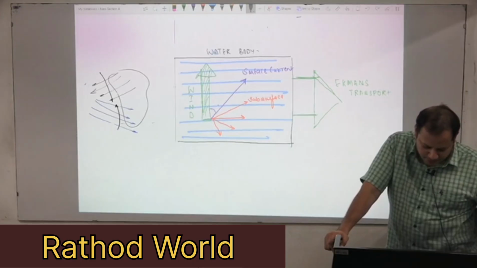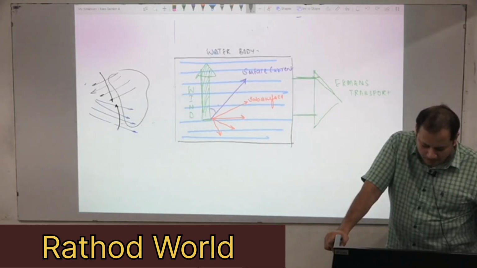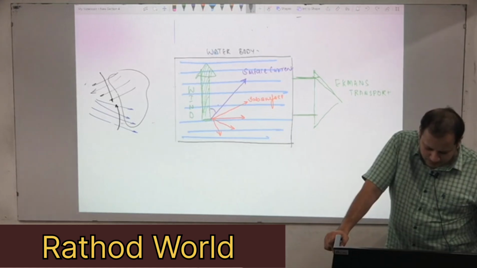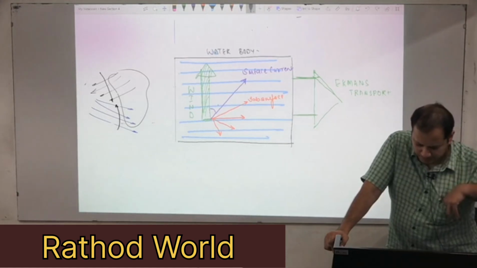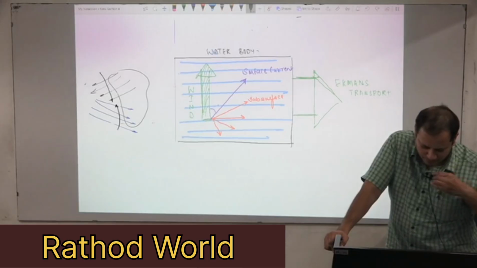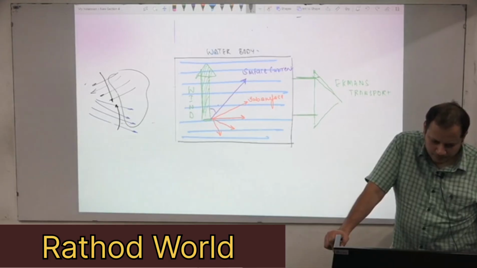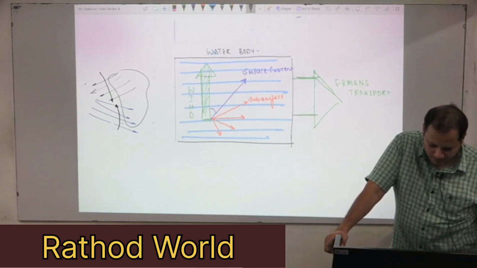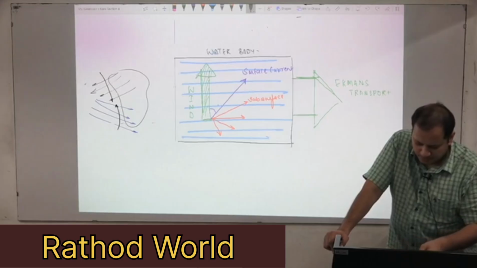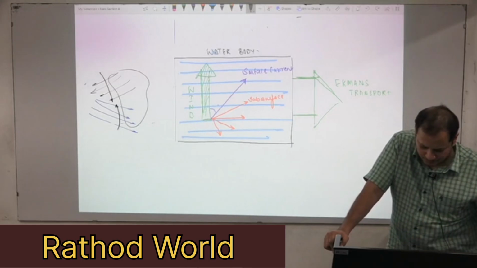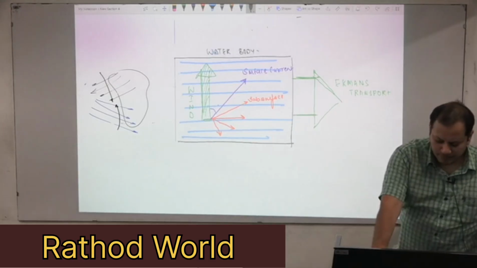Understanding Ekman's transport is important for upwelling and downwelling.